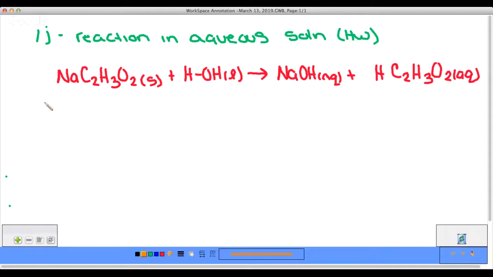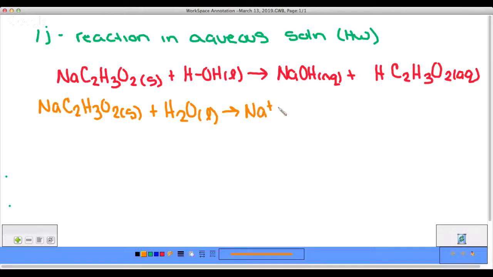This does not break up into ions, so this is going to be sodium acetate. This does not break up into ions because that's water, so I'm just going to rewrite this as HOH liquid. And then these do break up into ions, but what we see is that these don't ever cancel out with anything.